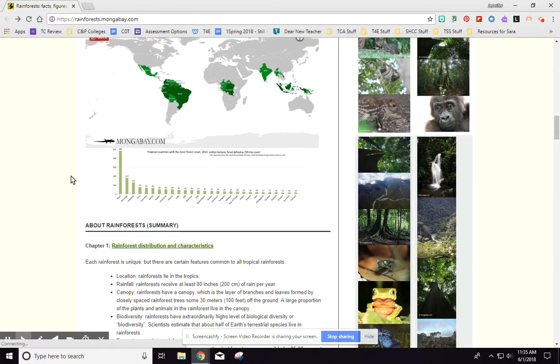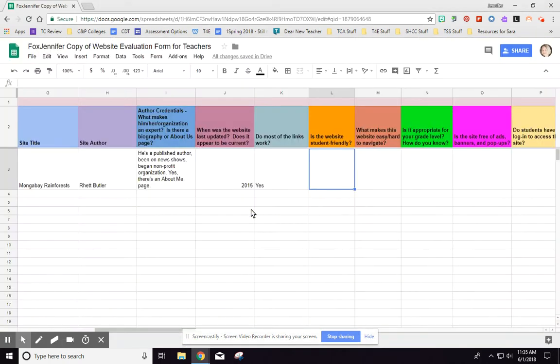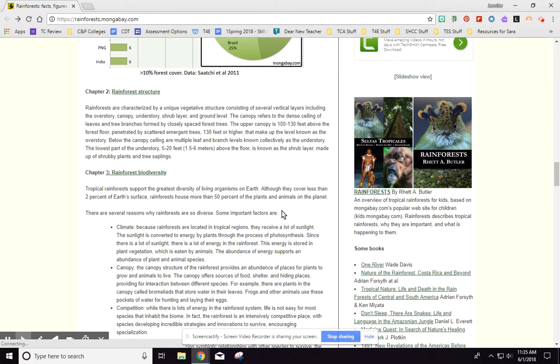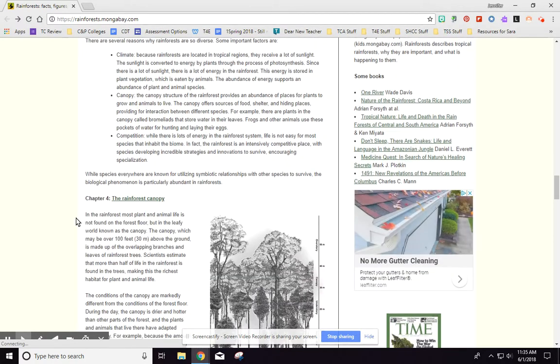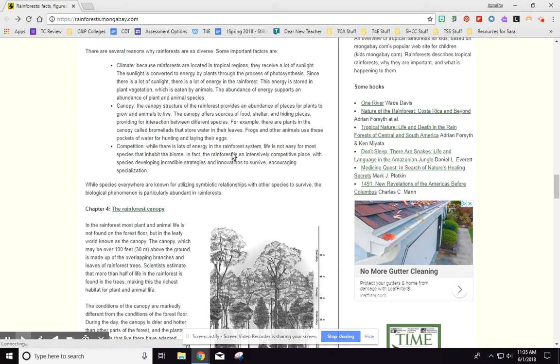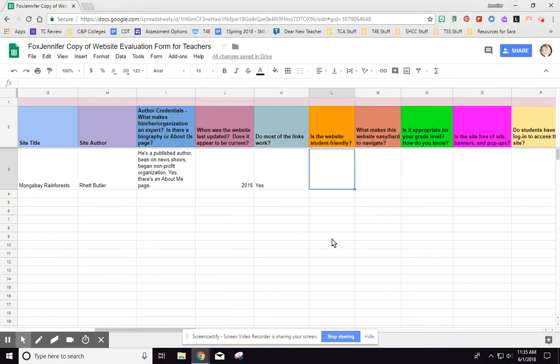In other words, do I just scroll, or is it confusing? For my grade level, third, the pictures are good, but there's too many words for my level of student. There's just a lot of text. So I'm going to say not really for third graders.